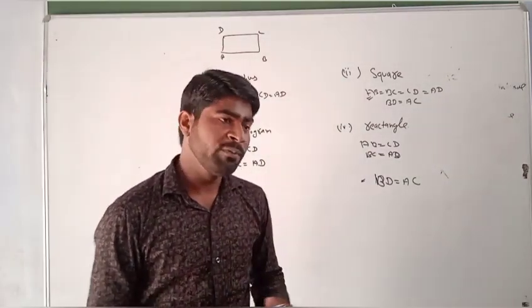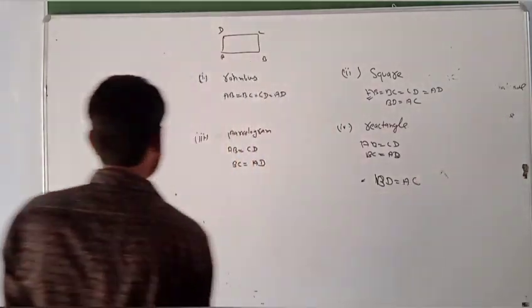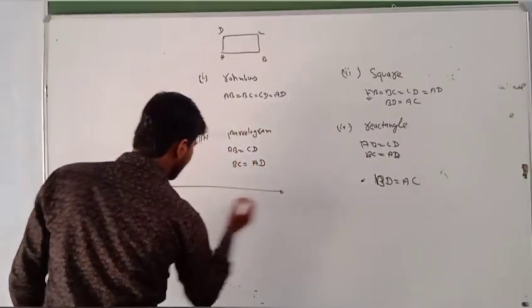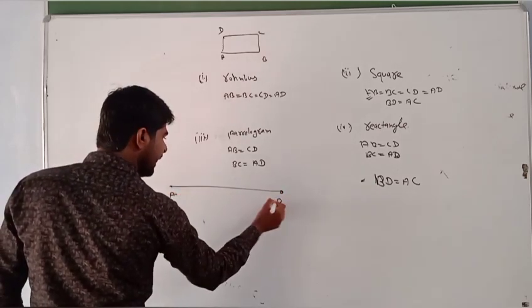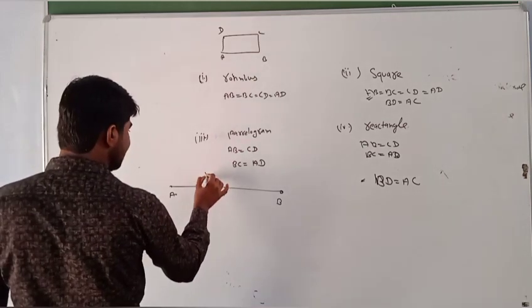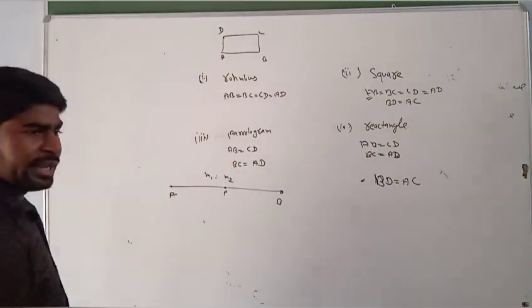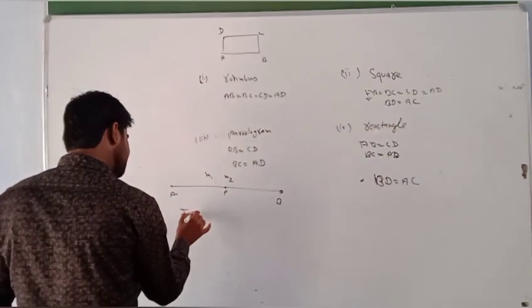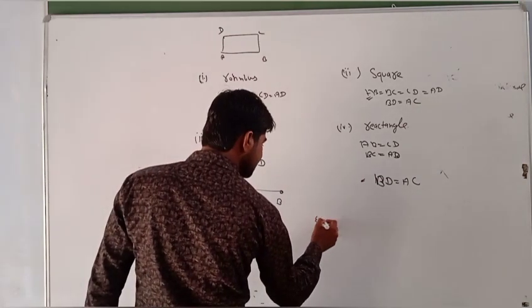Okay. So before this, one more formula is there, that is the section formula. We all know that if there is a line AB, and a point P is dividing this line in the ratio m1 to m2, it can be internal or external.